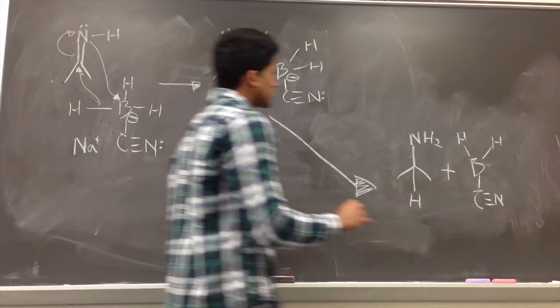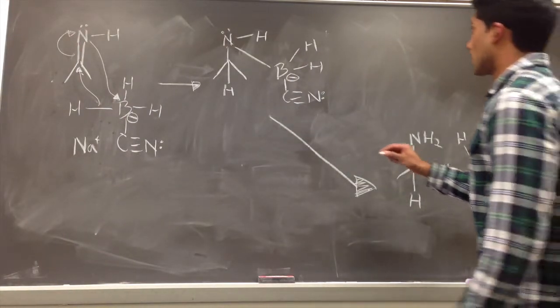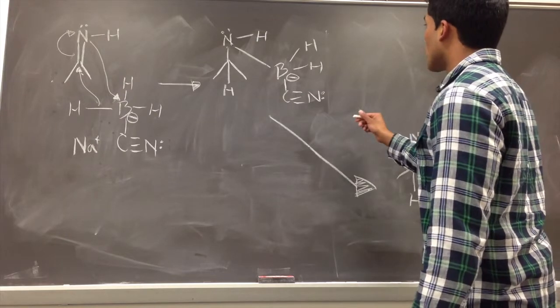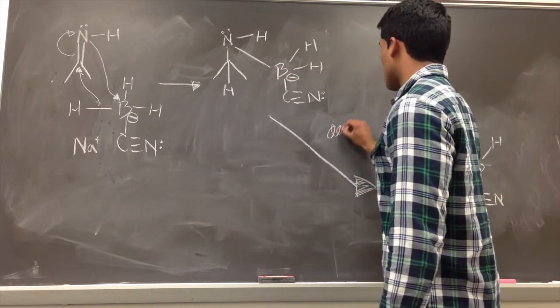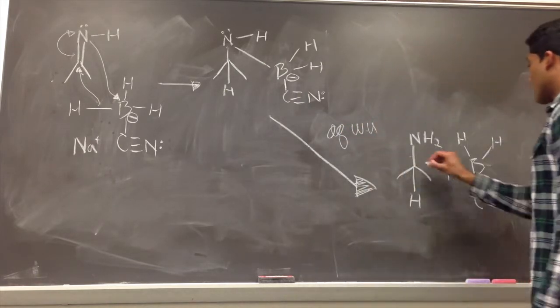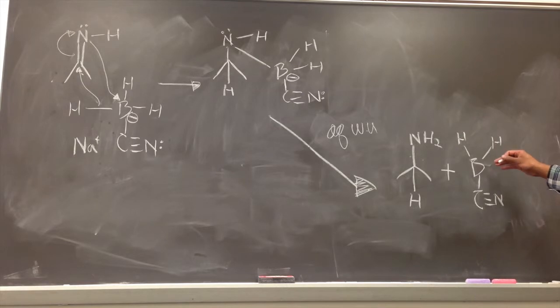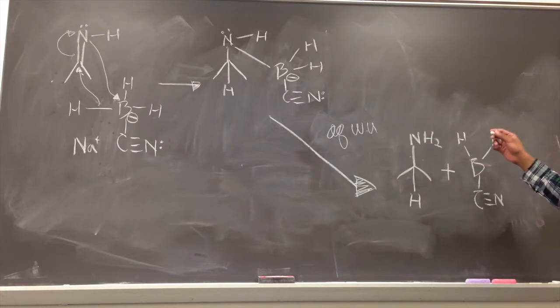From there, the intermediate will be, the boron will dissociate from the nitrogen through an aqueous workup, forming a product and the boron byproduct, which will associate with the nitrogen and any lone pairs within the solution.